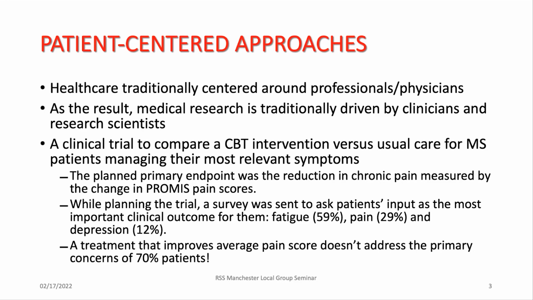So if we successfully control the pain, which is good, we may not address the concerns of 70% of patients. Of course, people may argue that pain may be the cause of fatigue and depression, but still, in terms of clinical trial endpoints, we miss the majority of them, the endpoint that the majority of patients care about.